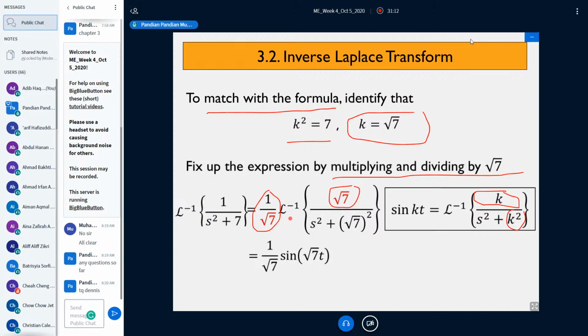So 1 over root 7, inverse Laplace of this. Now you can use this formula, sin kt, sin root 7 t. So the answer is 1 over root 7 sin root 7 t. This is the correct answer.